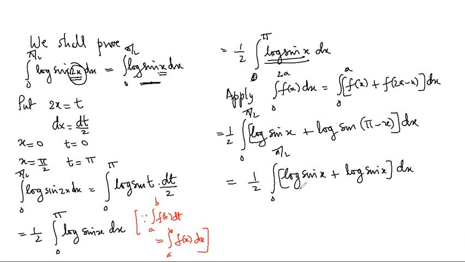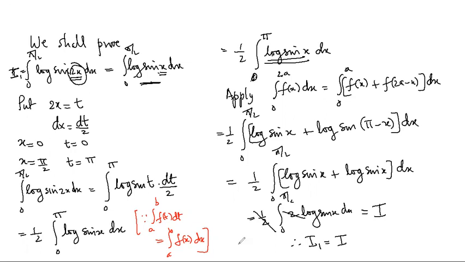Sin of 180 minus theta is the same as sin theta. That became half integral 0 to pi by 2, 2 times log sin x. So 2 and half got cancelled, and this became the same as I. So you started from your I1, and you proved that I1 and I are equal. Therefore, I1 is equal to I.